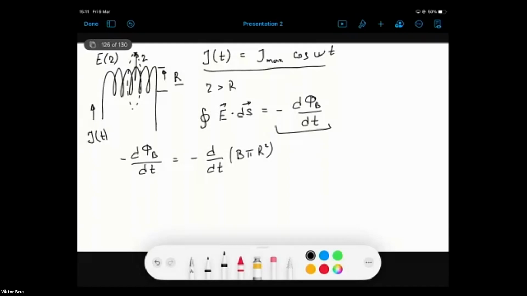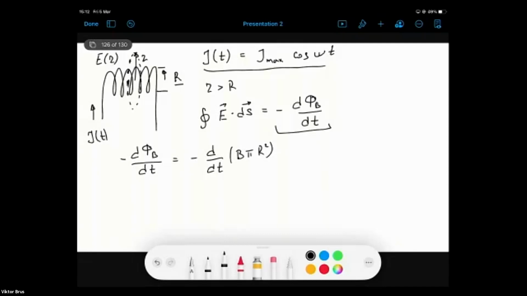So for simplicity we can neglect the weak magnetic field in the outer space, and that's why the total magnetic field flux through this dashed loop shown in our image, with radius r larger than the radius of the solenoid, will be just a product of the constant interior magnetic field of the solenoid times the cross section of the solenoid, because outside the solenoid the magnetic field will be very weak, and we can neglect it.